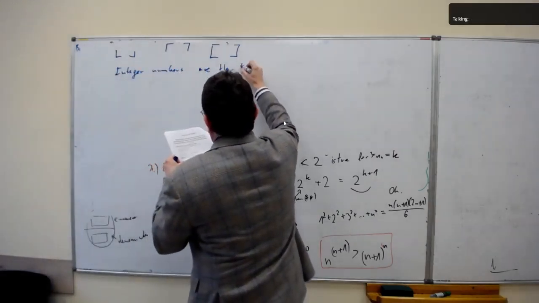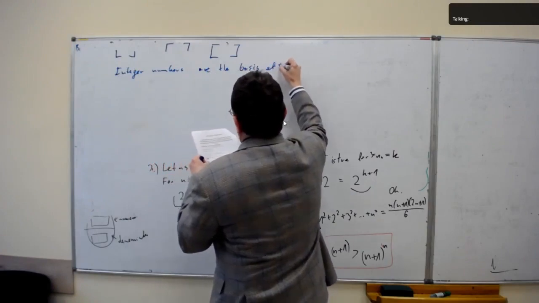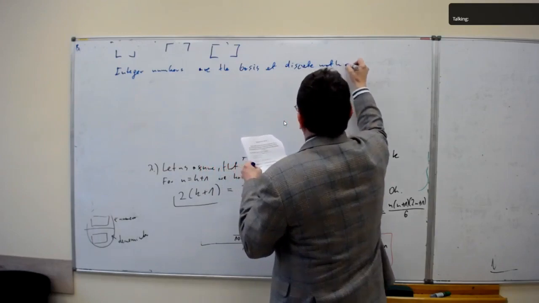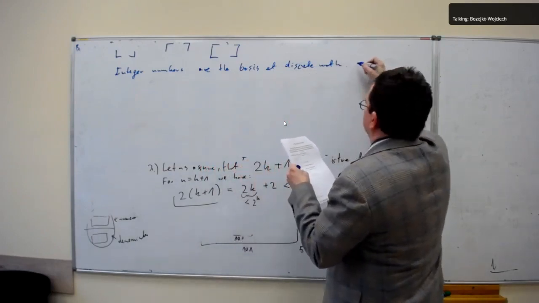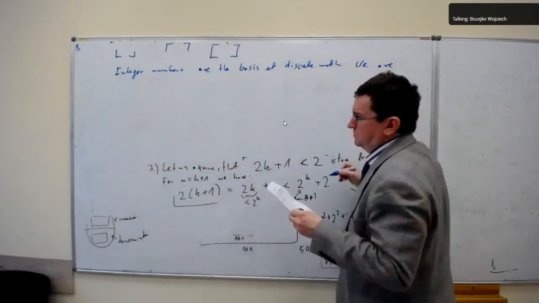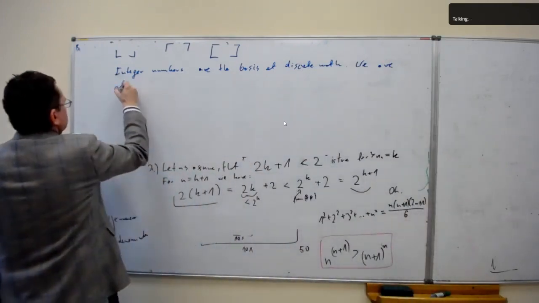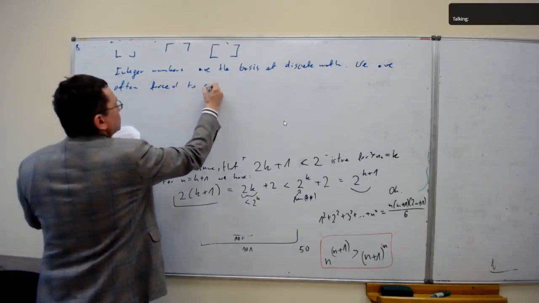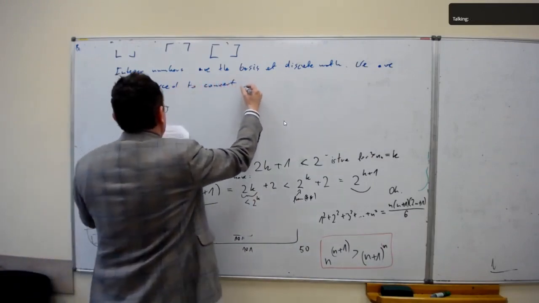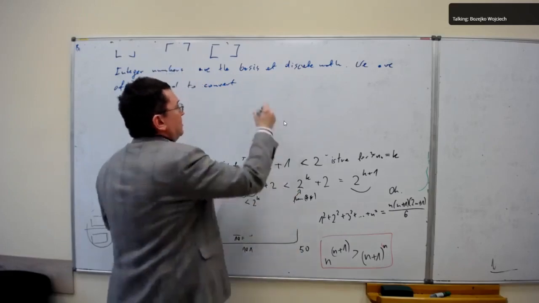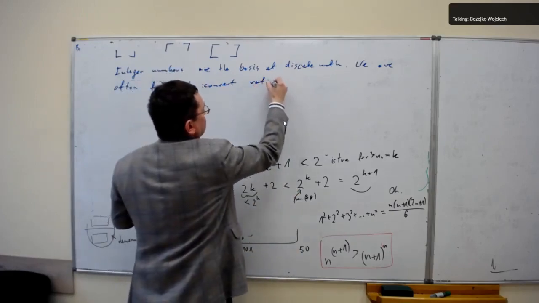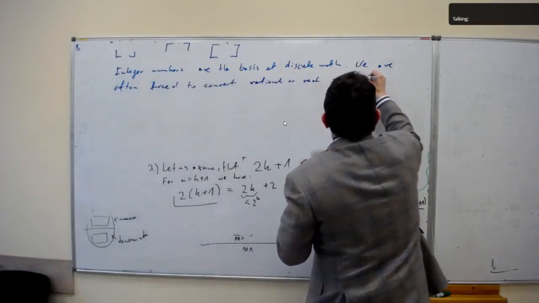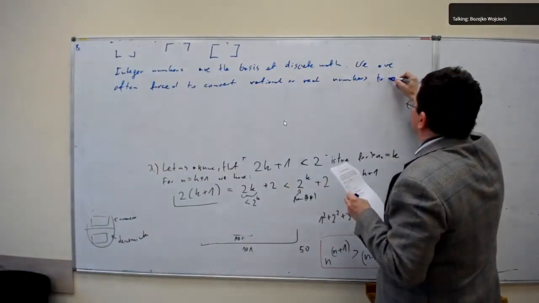Integer numbers are the basis of discrete mathematics. We are often forced to convert rational or real numbers, or near rational or real numbers, to integers.